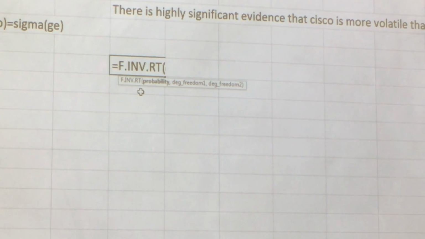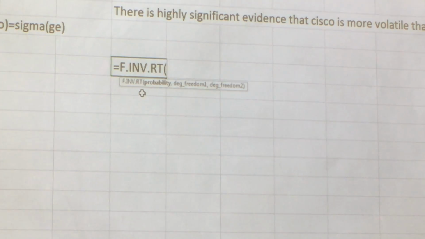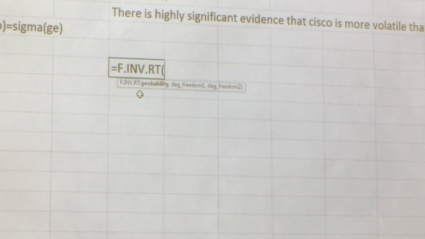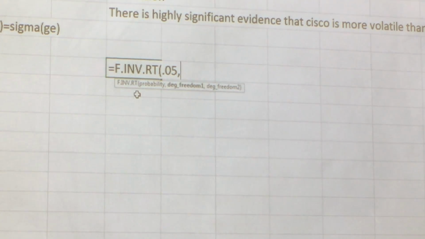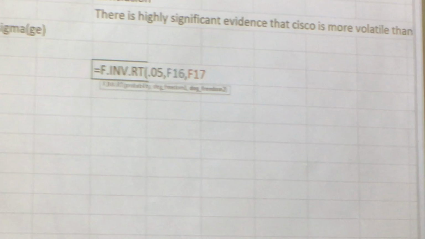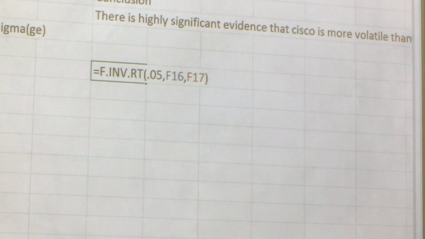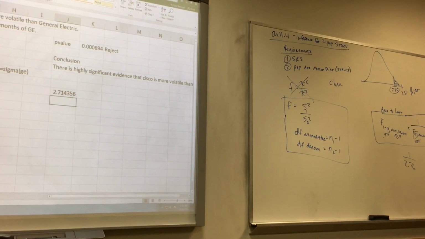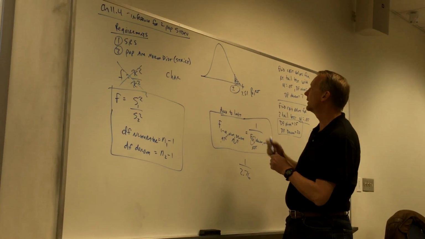What's the probability? 0.05, I'm putting my alpha, right? Degrees of freedom, 9 and 13. So rather than 2.80, I should have gotten 2.71, which isn't too far off. But that's what it should be, 2.71.